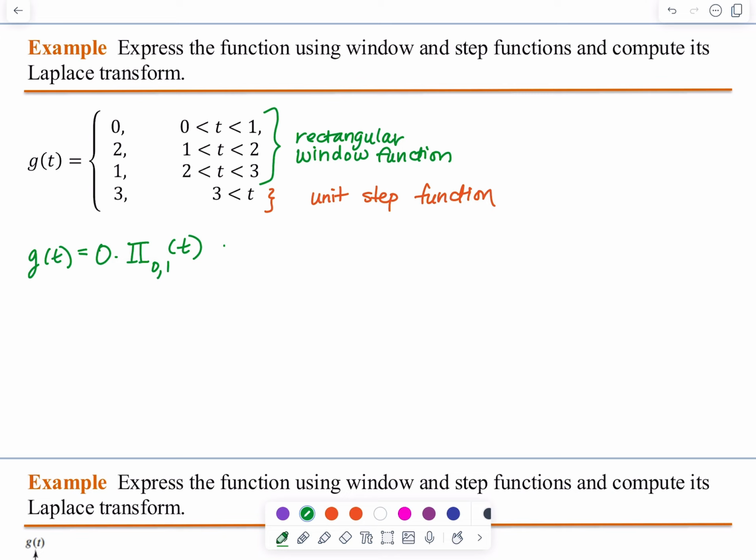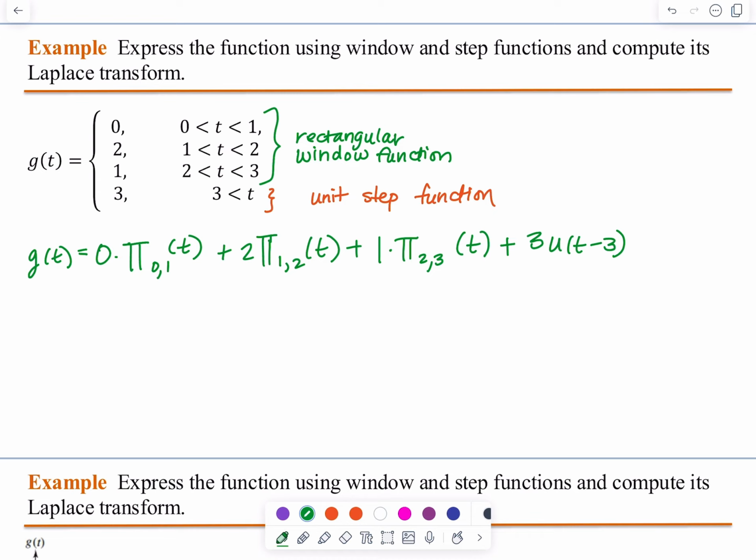We will add 2 times the window function from 1 to 2 of t, plus 1 times the window function from 2 to 3 of t, plus 3 multiplied by u of t minus 3.